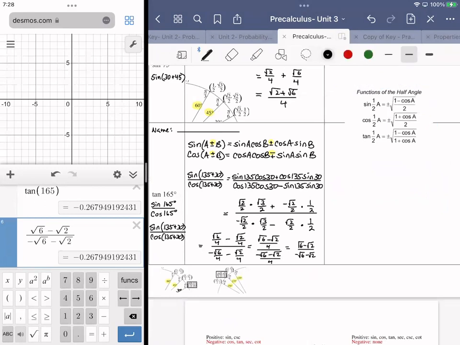But what I wanted to show you is kind of interesting, I think. Let's say, for example, there's a bunch of different variations of this, but let's say we're working with cosine of 2a is equal to 1 minus 2 sine squared a.